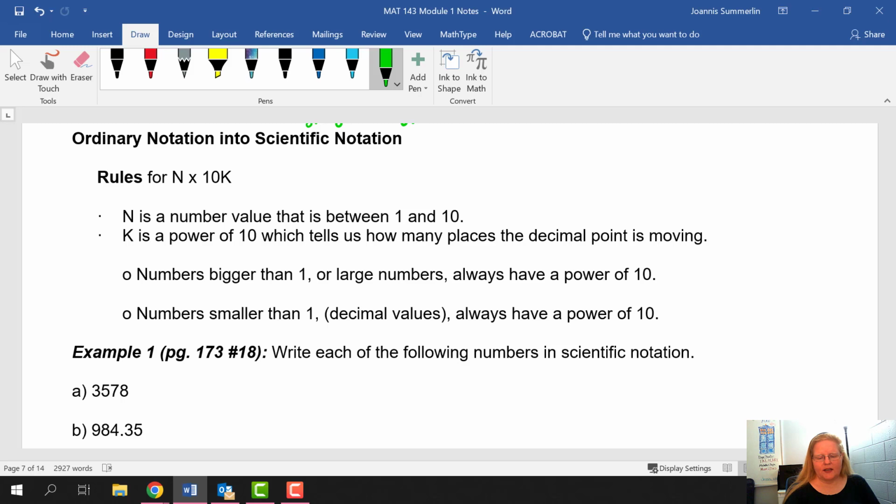This k should actually be an exponent, so it's 10 to a power. So really it looks like n times 10 to the k power. Numbers bigger than 1, or large numbers, always have a power of 10.